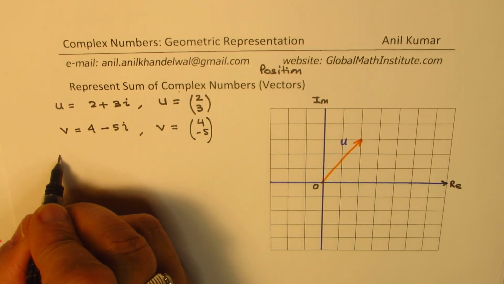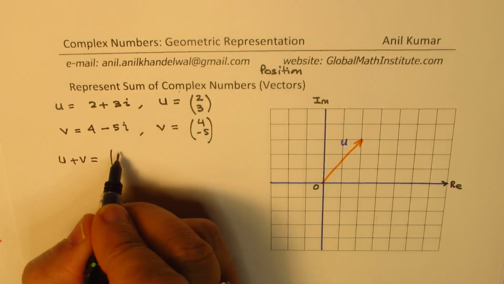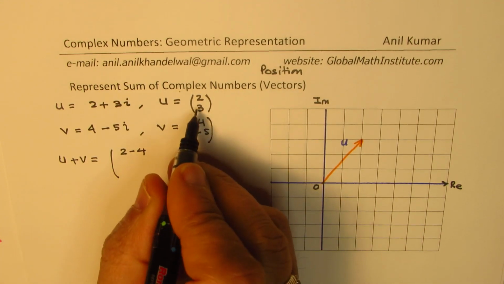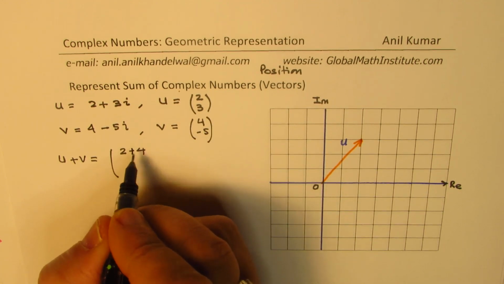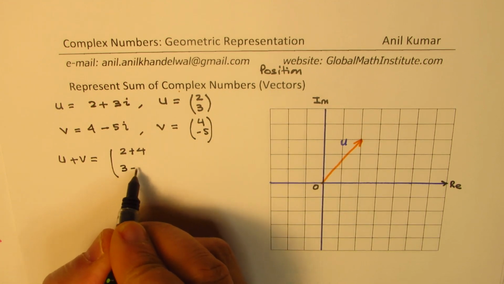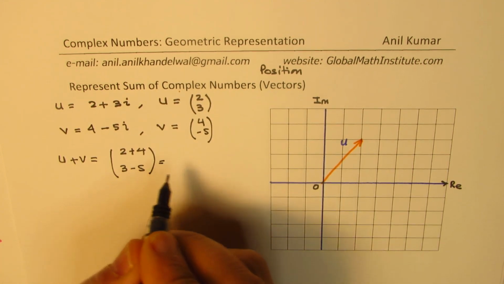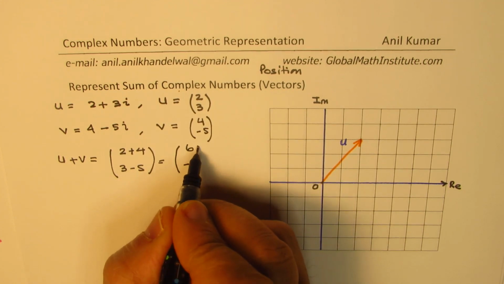And then we'll try to add these two vectors u and v. The result will be 2 plus 4 and 3 plus, add means plus, right? Add the corresponding x values and the y values: 3 minus 5. And the result will be 6, and that is minus 2, right?